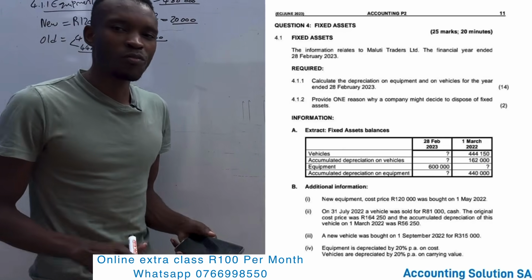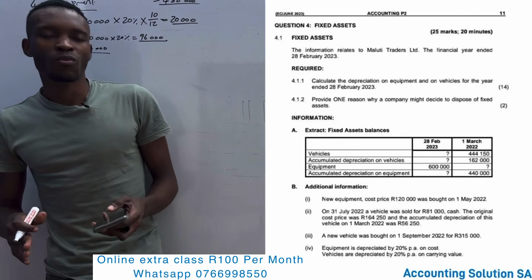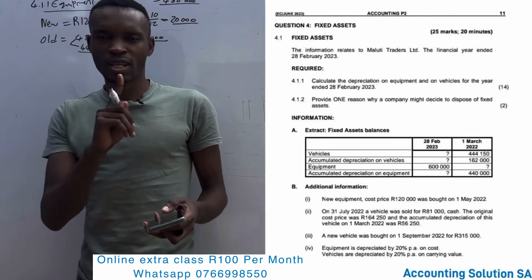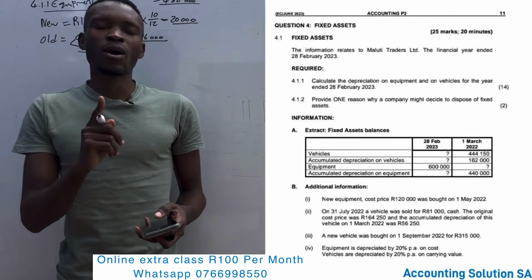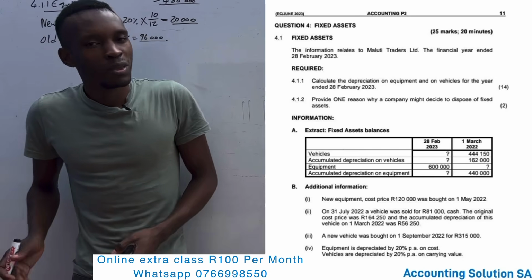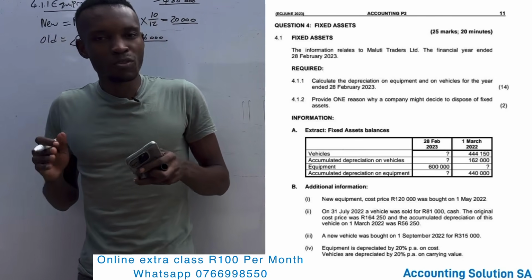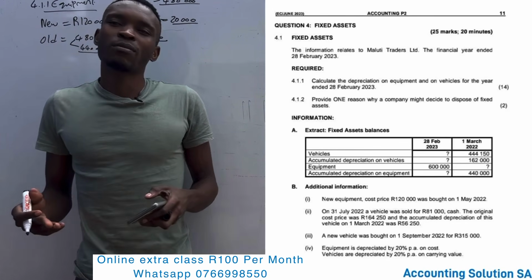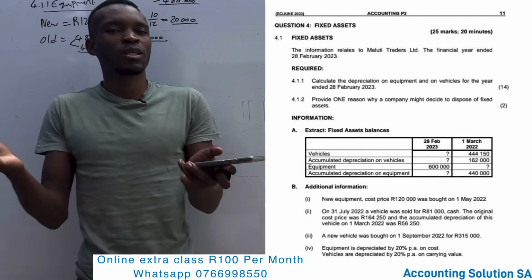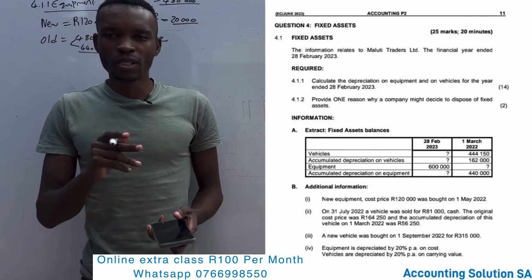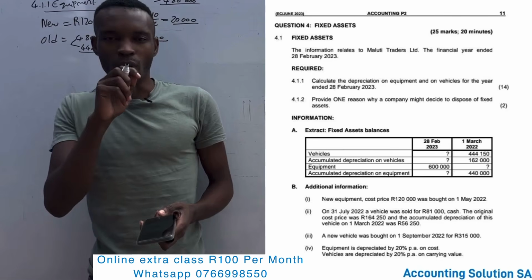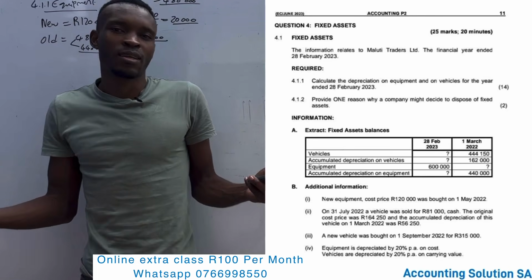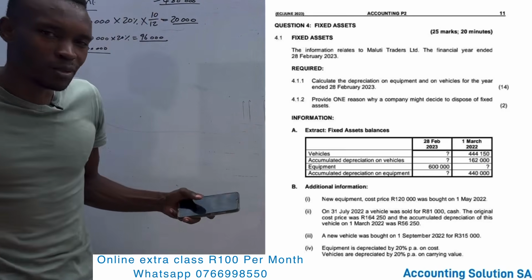But the principle of accounting says that the current value must be left with at least 1 rand. Why? Because the main purpose of business is to make a profit. You can't sell something for 0 rand. It's like a donation. So the principle says we have to use 1 rand. At least we're going to get 1 rand if the value has completely depreciated.